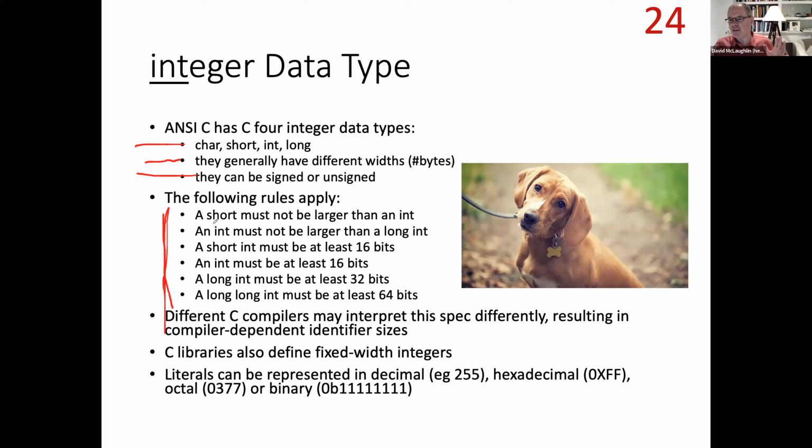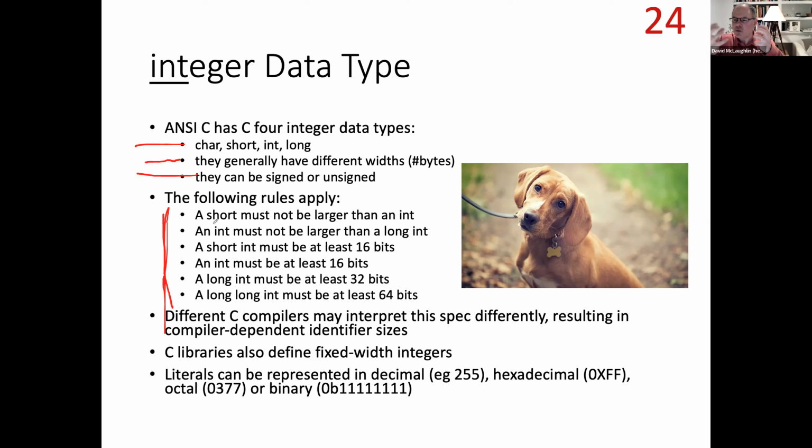What this is saying is that a particular C compiler is free to interpret this any way it wants. You're going to provide 4 different integer data types: char, short, int, and long, right? Yes, you can have a long int, right? You can have a long unsigned int, right? And as long as C follows the specification, then the C language is proper, right?